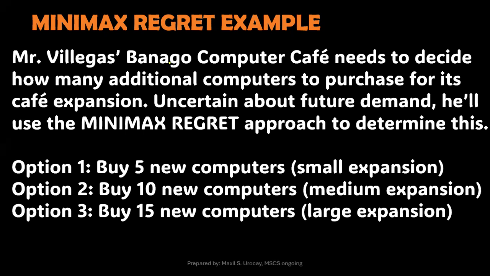Option one is buying 5 computers for a small expansion, option two is buying 10 computers for a medium expansion, and option three is buying 15 computers for a large expansion. We will identify which option Villegas could choose.